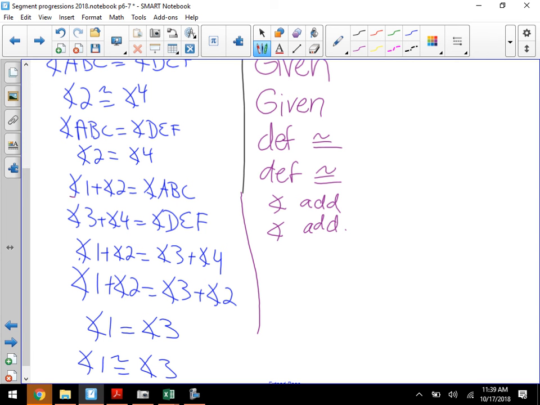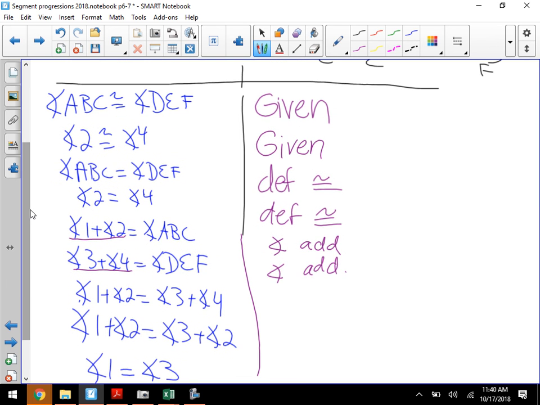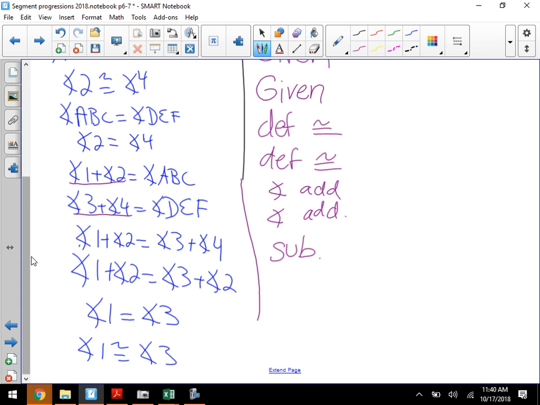Here we have angle 1 and angle 2 are both equal to the same things, so how did we substitute that? Good substitution again.